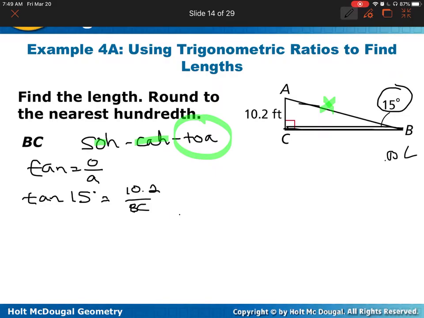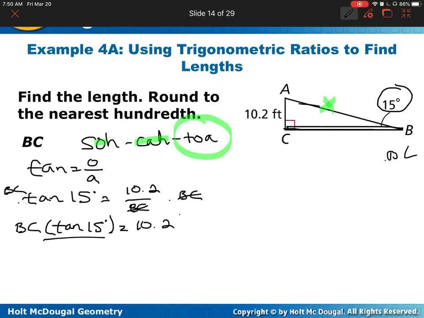We first need to solve it to get BC equals. We want to know what our line length is. So I'm going to multiply both sides by BC. This is just basically solving an equation for a variable. So we have BC times tangent of 15 degrees equals 10.2.